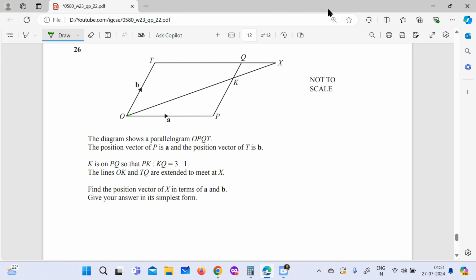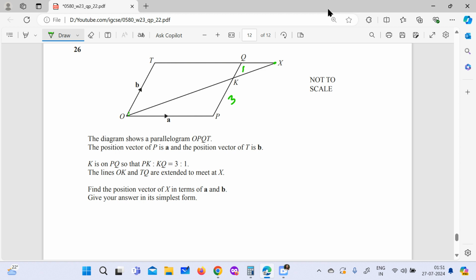Okay, now K is on PQ such that PK is to KQ is 3 is to 1. So this is 3 parts, this is 1 part. The lines OK and TQ are extended to meet at X. Okay.